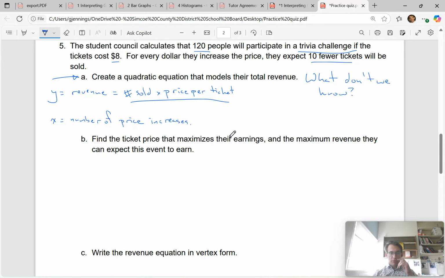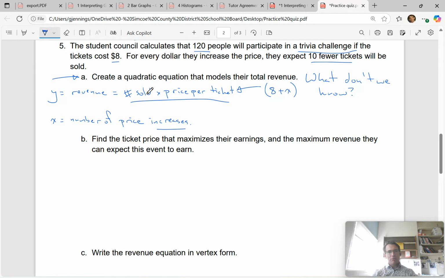Okay, so first of all, our price per ticket, this part here, is going to be $8 plus x. As they increase x by $1, the price of the ticket goes up. If they decrease, the price will go down. Like remove $1 from the price, that would be x is -1. So we can still do this in the negative direction, even if we define it as increases in price.